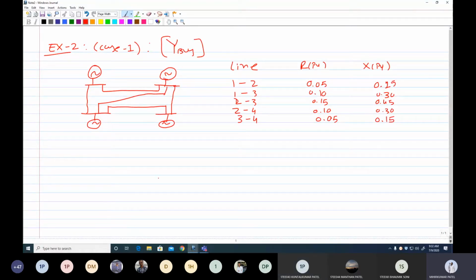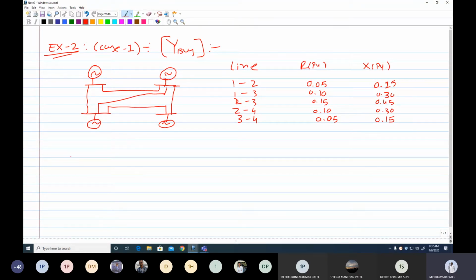So this much data is given to you and you have to formulate the Y bus matrix. There are no methods specified, so you can apply any one, but you have just studied up to the nodal method. So using that nodal method, just formulate the Y bus matrix.